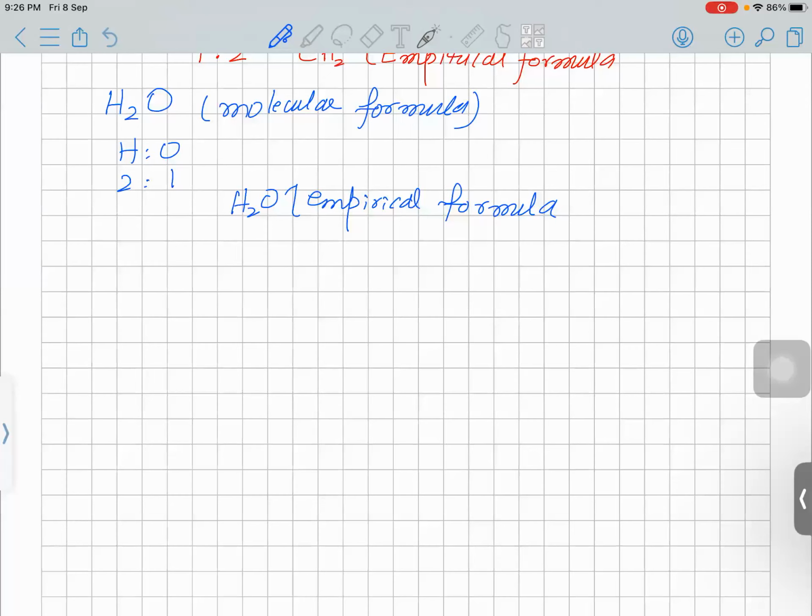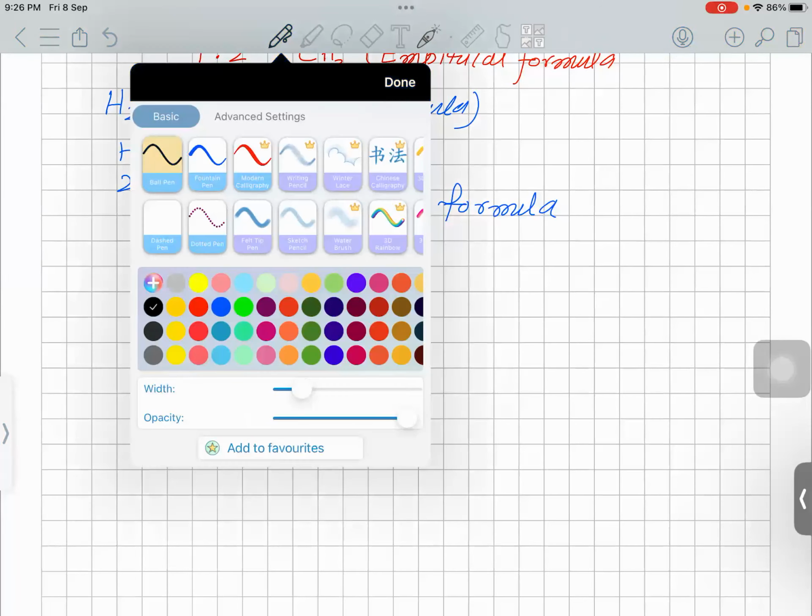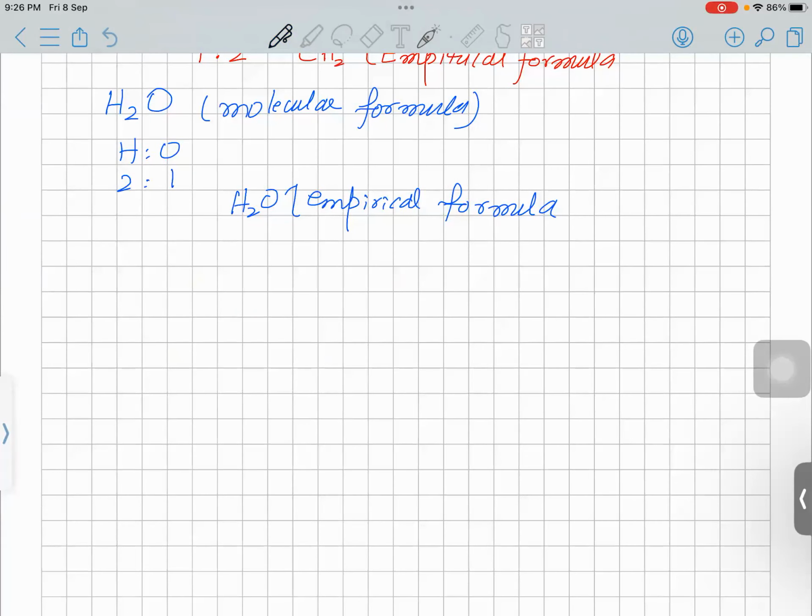Can anyone define the empirical formula? Sir, empirical formula is the simplest ratio we get of various atoms in a compound. Exactly.